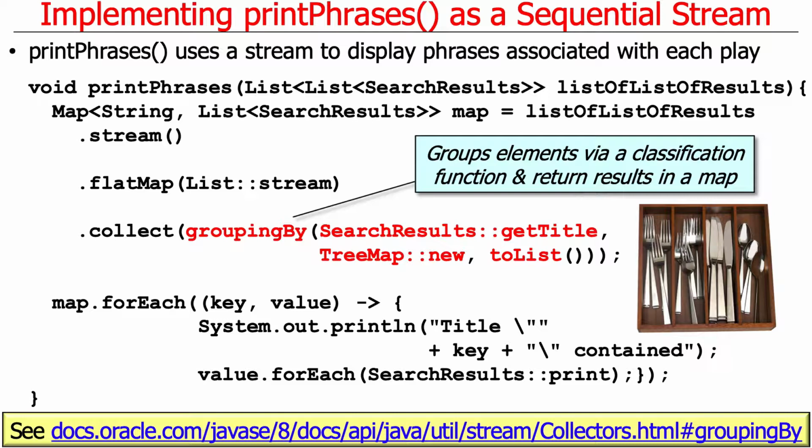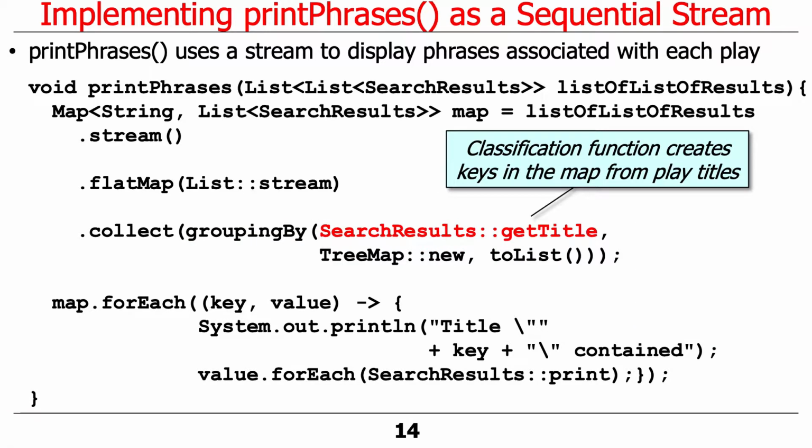So remember, grouping by is this collector factory. It makes a collector that groups things, and you tell it how to group stuff. So you pass it 3 parameters. The key point is it's going to put it into a map, which is this thing up here. So let's take a look at what these parameters do. The first parameter is the classification function. In this case, we're getting a stream of search results, and we're going to make the key for the map be whatever's returned from the method reference SearchResults::getTitle.